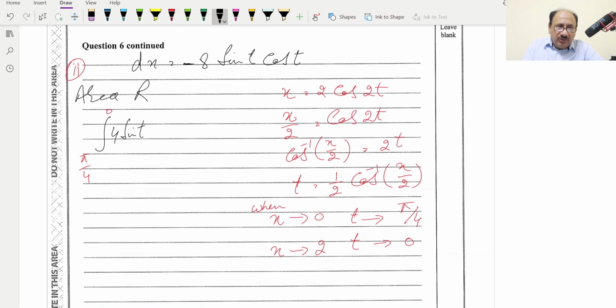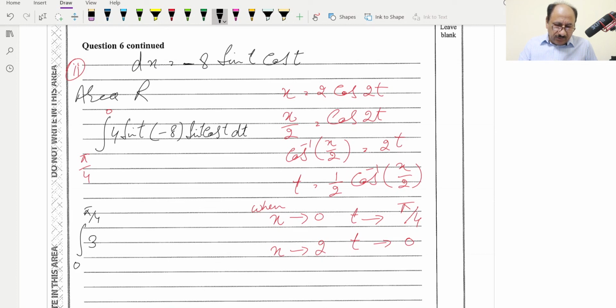This will be the new limit, and the integrand is sin of this one into minus 8 sin t cos t dt. Now we can switch the limits, and when we switch them the sign changes, so it will be the integral from 0 to pi by 4 of 8 into 4, which is 32, and the minus is gone because we have switched the limits.